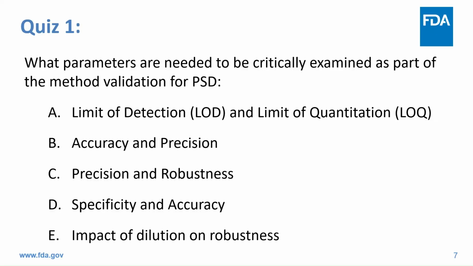When you are looking at the report, you're trusting the company to generate the data reliably, and you use that data as a basis to make a decision. Can I approve it? Is this limit acceptable? Is this data supporting what I need to make the decision on the adequacy of the method? So robustness is really, really critical.